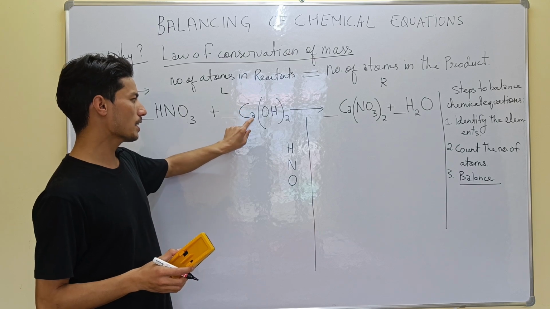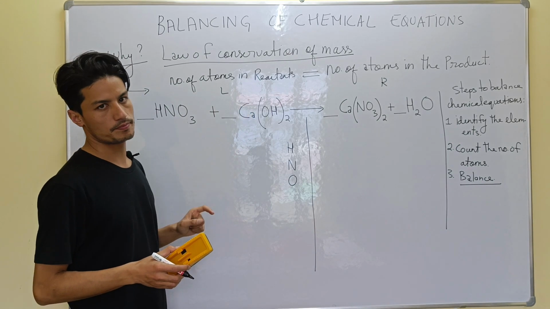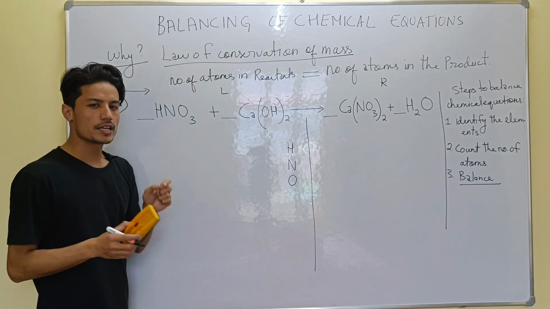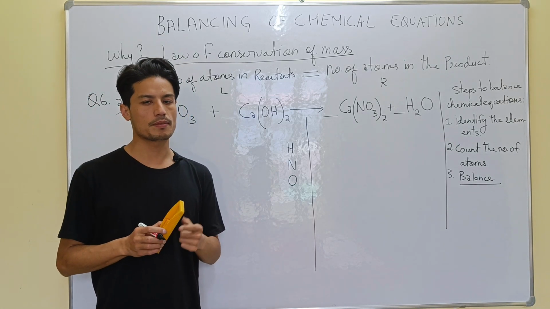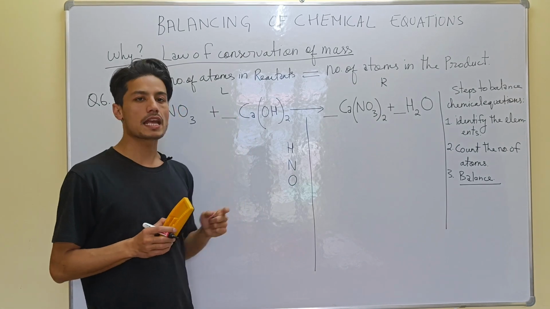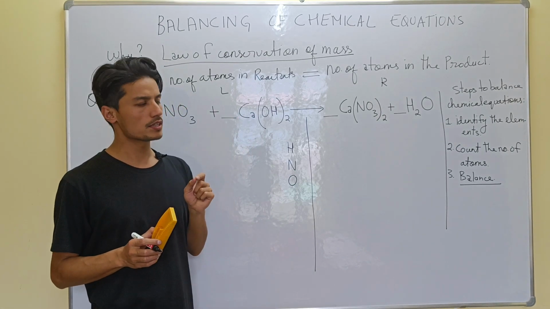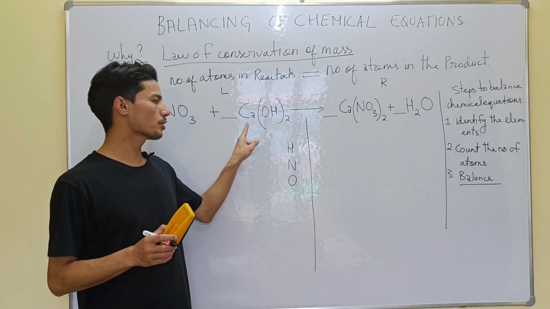Capital C and small letter a. This is the symbol for the element calcium. So here, students, you need to be familiar with the symbols of the first 40 elements. Remember in the first video I already told you that you have to remember the names and the symbols of the first 40 elements. Without knowing those symbols, it will be confusing for you.